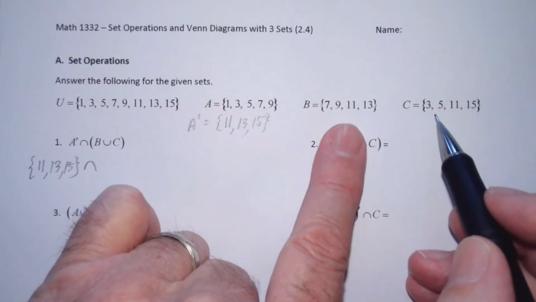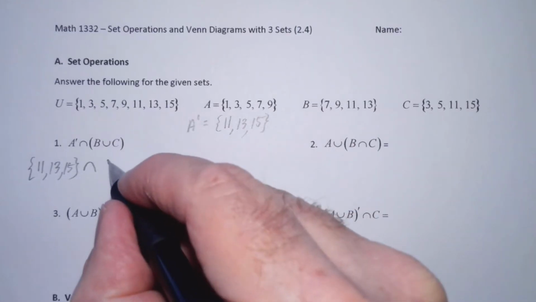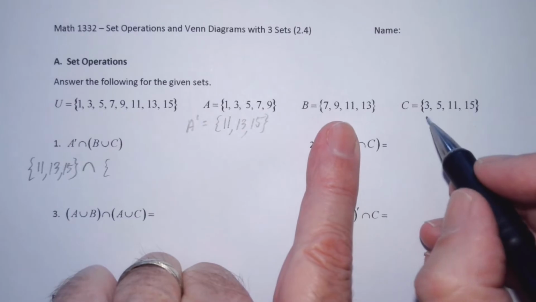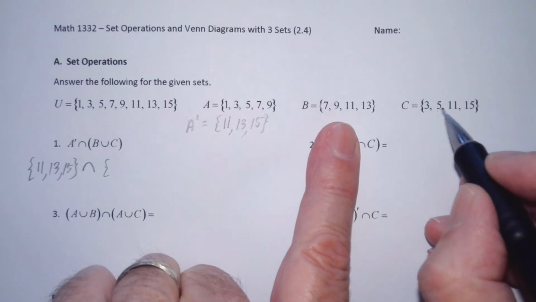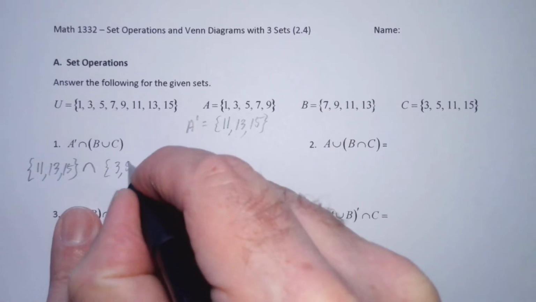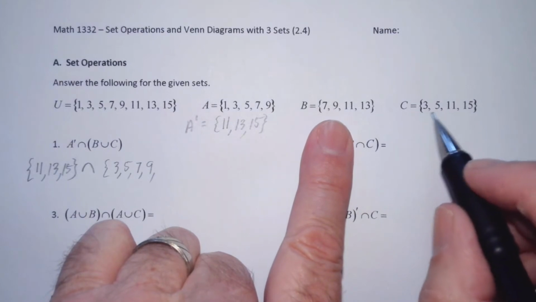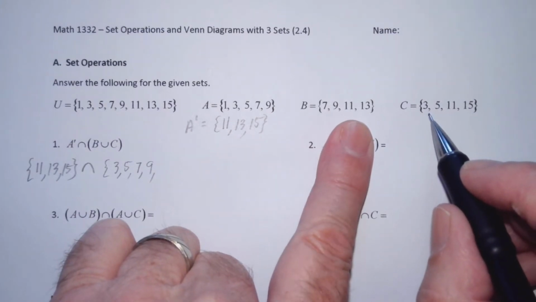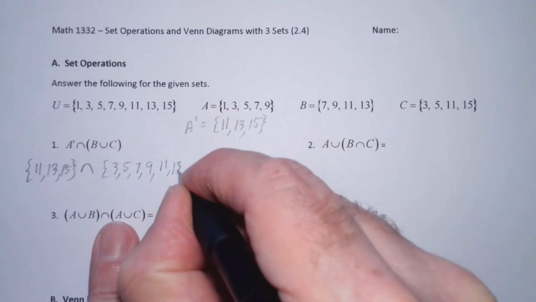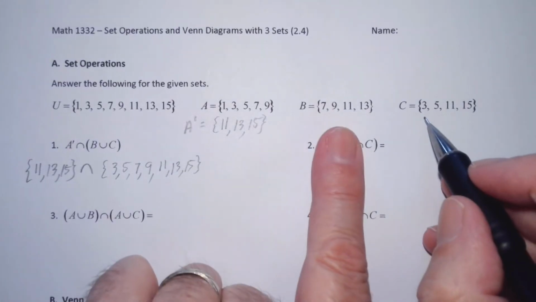So basically we need to combine these two sets together. So I'm going to go ahead and just do this in one step. Let's start with the 3 and then 5, and then we'll have 7 and 9. So 3, 5, 7, 9. So we have those 4, and then we have 11, 13, and 15. So when I think of union, I think of the word combine.